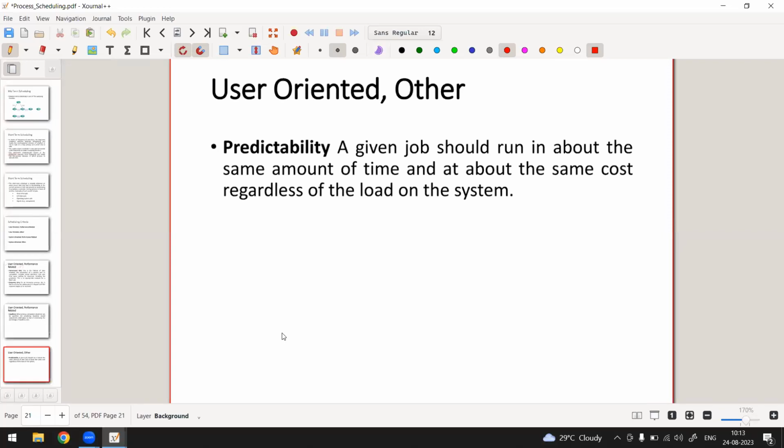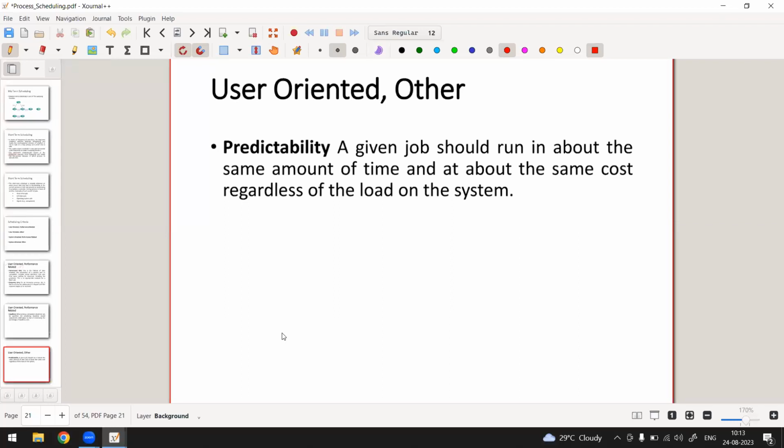You should not say that, okay, I estimate that the process will complete its execution in 5 seconds, but currently there is a lot of load on the system, so it will take 10 seconds. You cannot say that. You have to exactly determine that, okay, it will take 7 seconds irrespective of the load on the system.